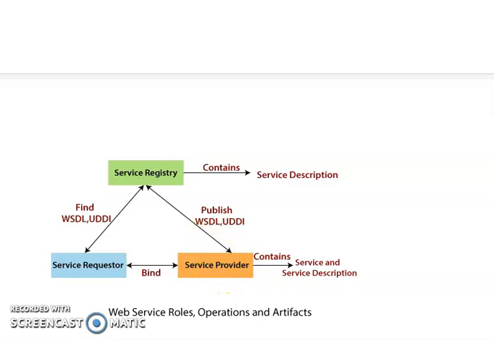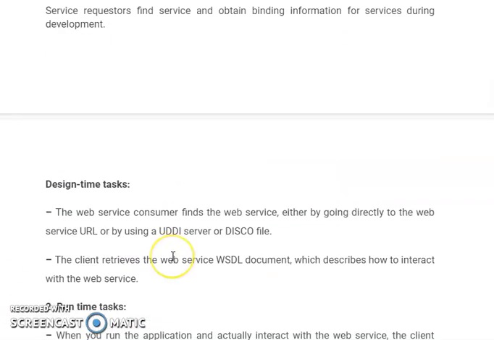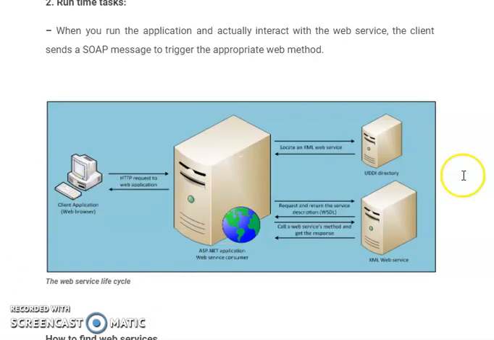The service provider will look for the service registry, and according to that service registry, it will be accessed by this service requester. So it will get the service. So these are the different roles, and here exactly the client machine interacts with the web application, and the web application at the back end interacts with the remote web server.